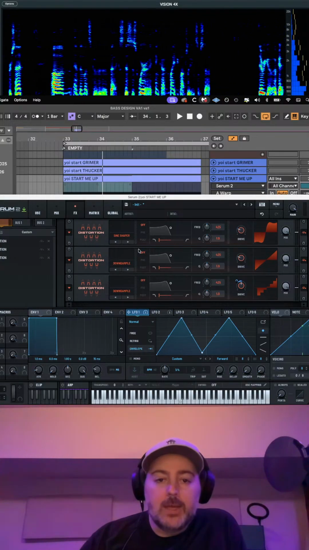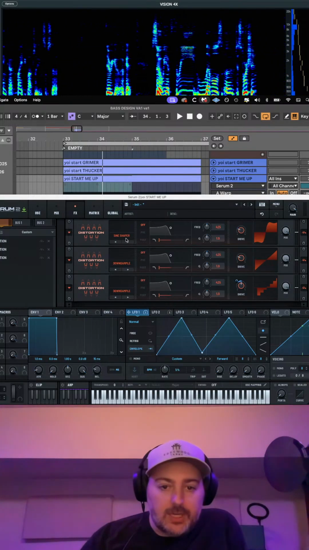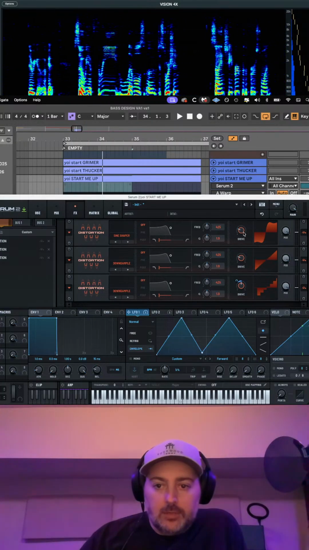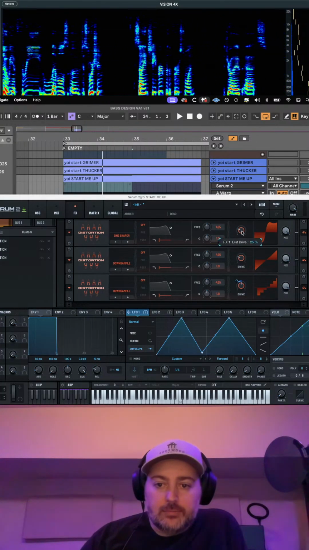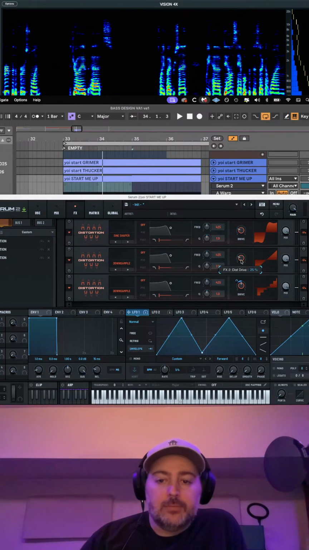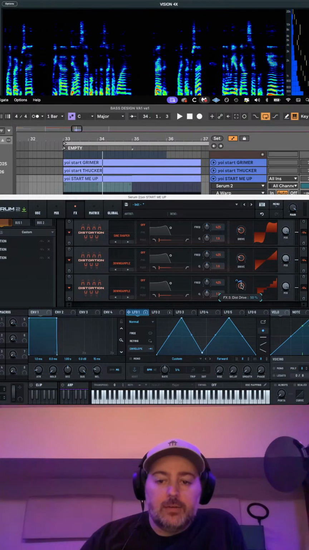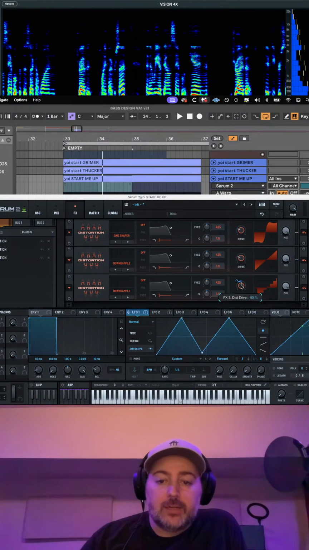There we go. Okay. So we have 3 levels of distortion. Sine shaper for the first one, the drive at 25%. We have downsample for the second one, drive at 25%. And then we have downsample again, drive at 50%.